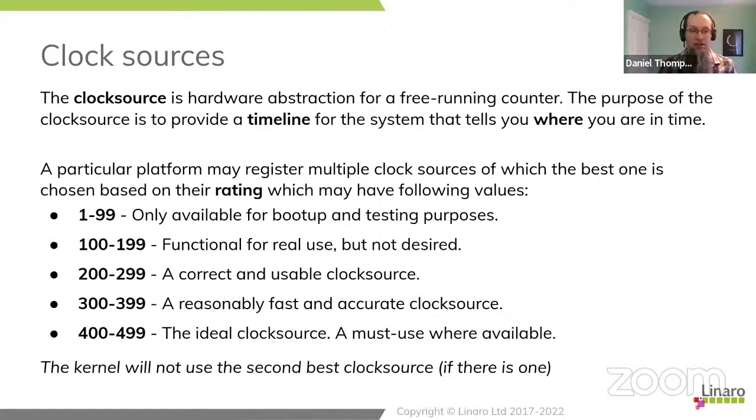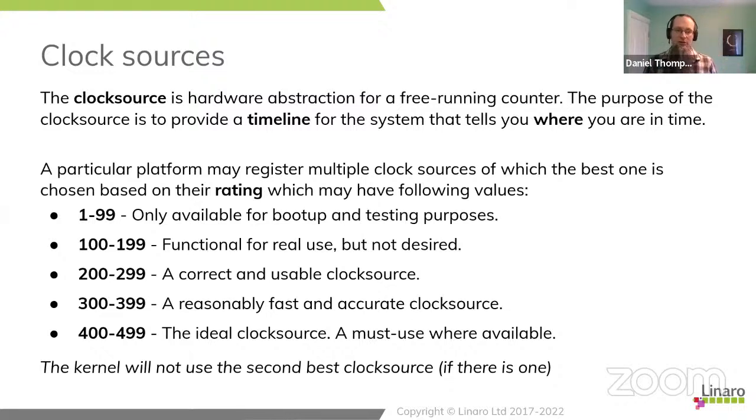And the reason we have a rating is, speaking approximately, the kernel will not use the second best clock source. Why would it use a second best copy of time? It should always be using the ideal best clock source it can get. The reason for the equivocation is that the ideal clock source might have a small drawback, which is that it stops ticking if you unpower the system.